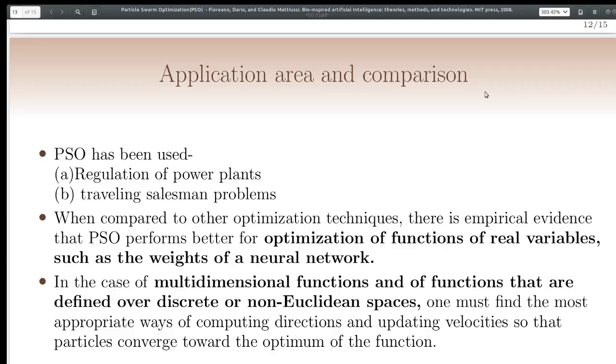But in the case of multidimensional functions or functions defined over discrete or non-Euclidean space, we have to find some method to compute directions and update the velocities so that the algorithm can converge faster.